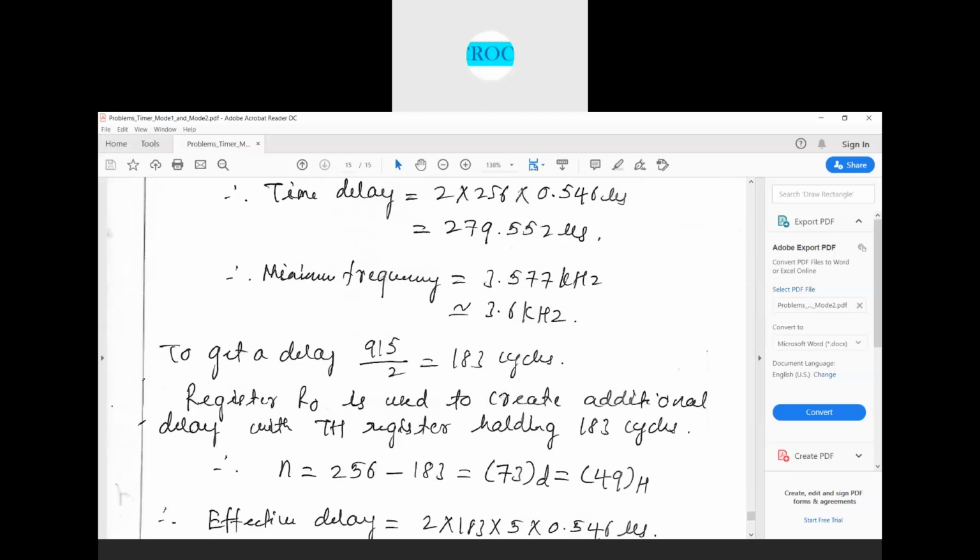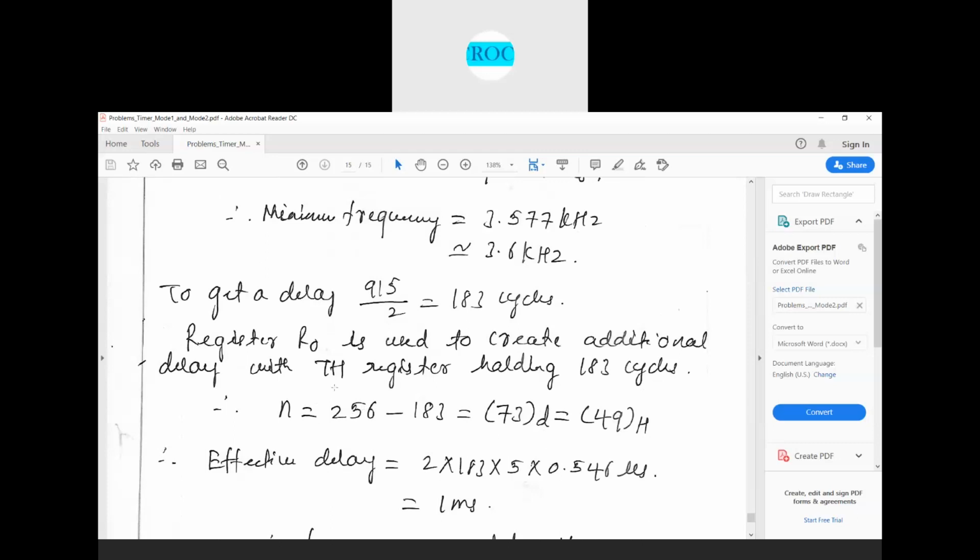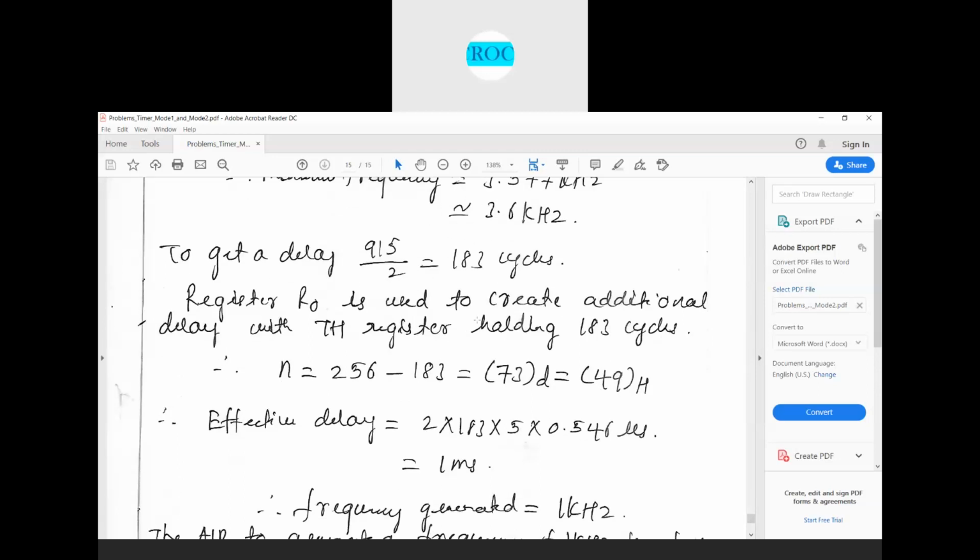So in the TH register we load 256 minus 183, which is 49H. Since I have 49H, to reach FFH it will count 183 counts.